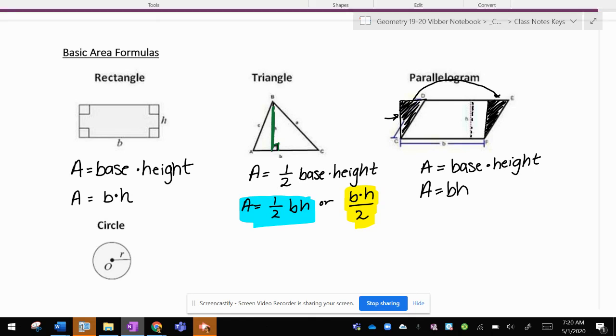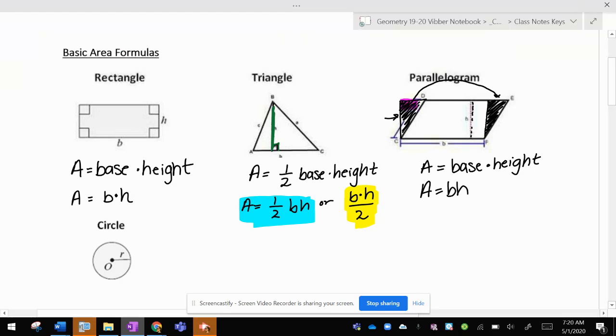Now what I've created is a rectangle where I've basically removed that right-hand side. This thing right here, I've removed it and plugged it in over here. And now I have a rectangle where this is the base and that's the height.